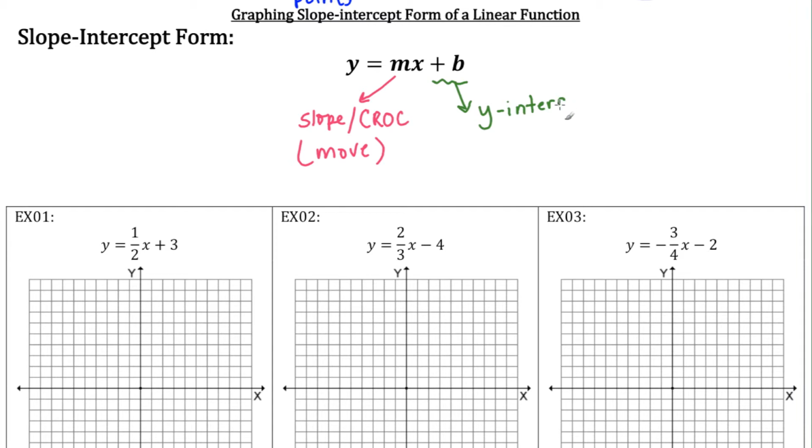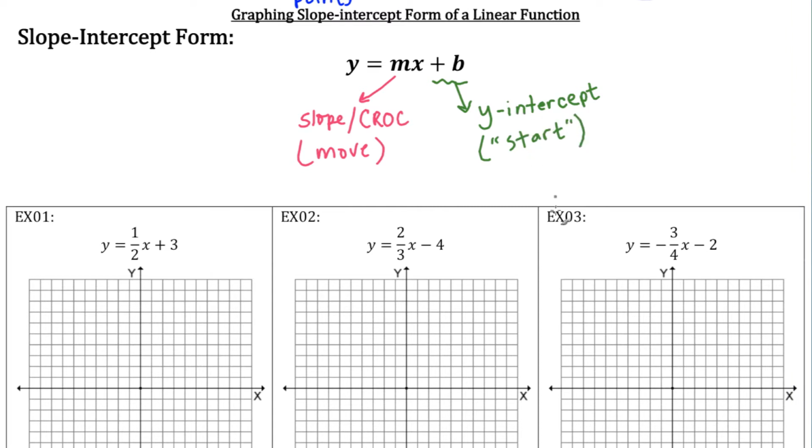The y-intercept. Guess that's better than nothing, right? The y-intercept. A lot of people think about it as where we start. It's where we start. Oh, there we go. I think I got it.